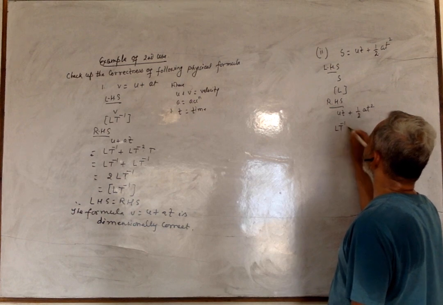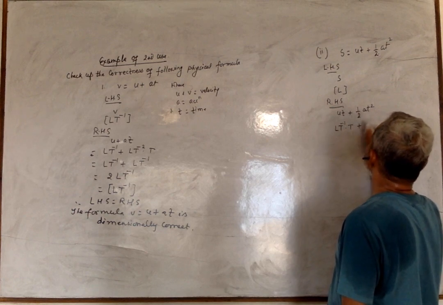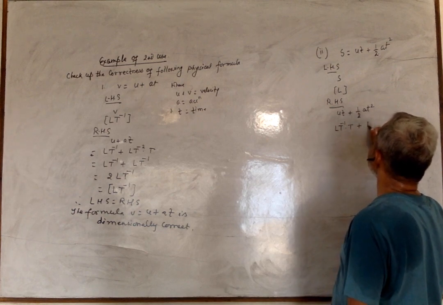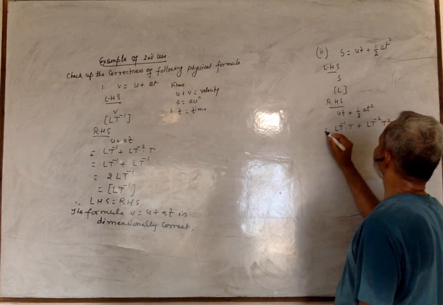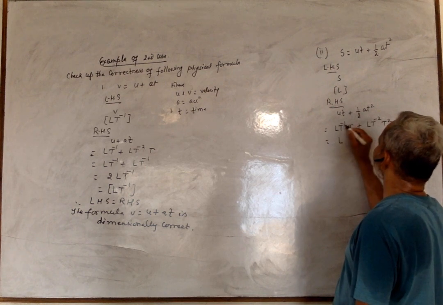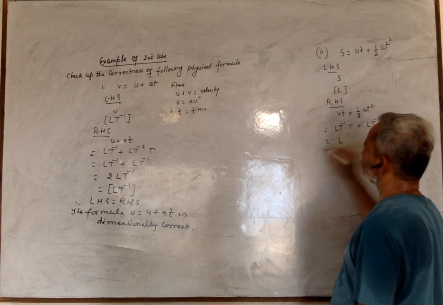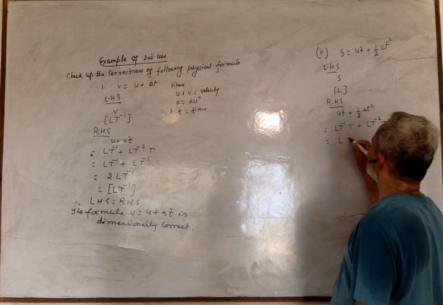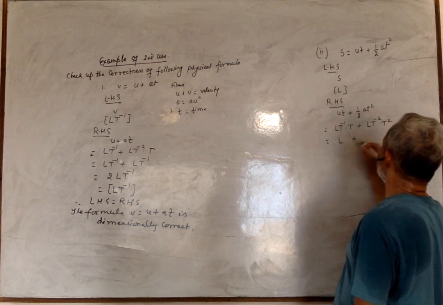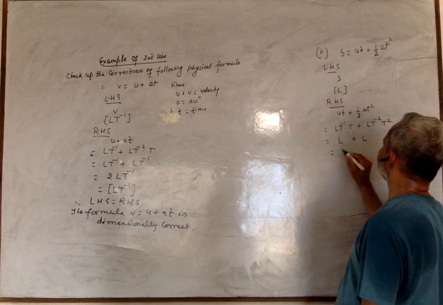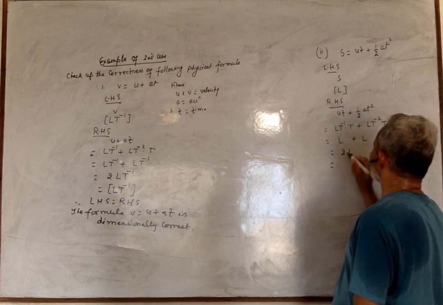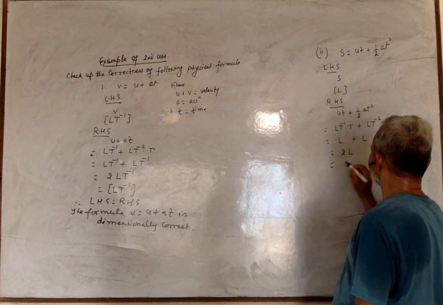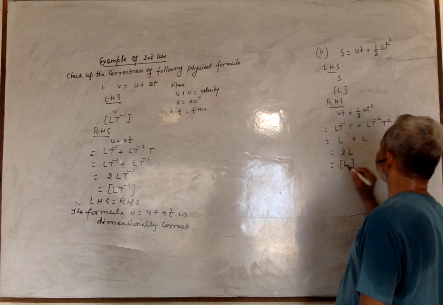U is LT minus 1 into T; we leave out the half. The dimension of A is LT minus 2, times T square. So L, T to the power minus 1 plus 1, that is T to the power 0, which is 1, gives L. Finally 2L, and we leave out this 2.